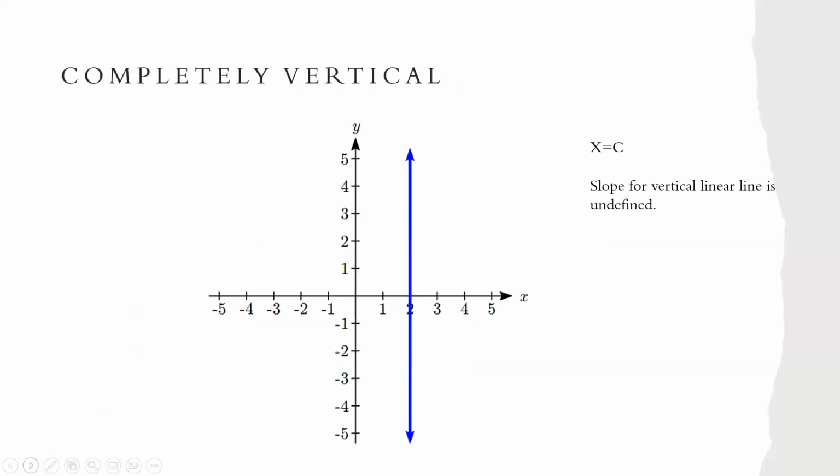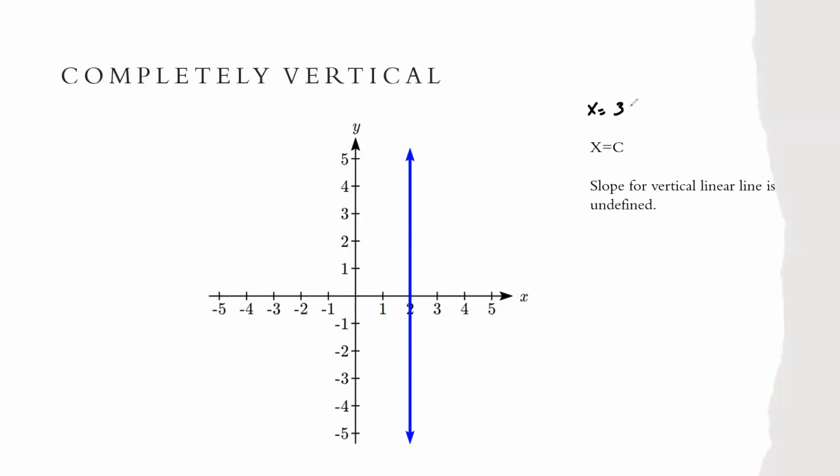And the next one, believe it or not, a linear line can be completely vertical. Yes, it can. So this is a vertical linear line. The key is you can tell it's a linear line if it's x equals a constant. For example, x equals 3. So it has to be constant.